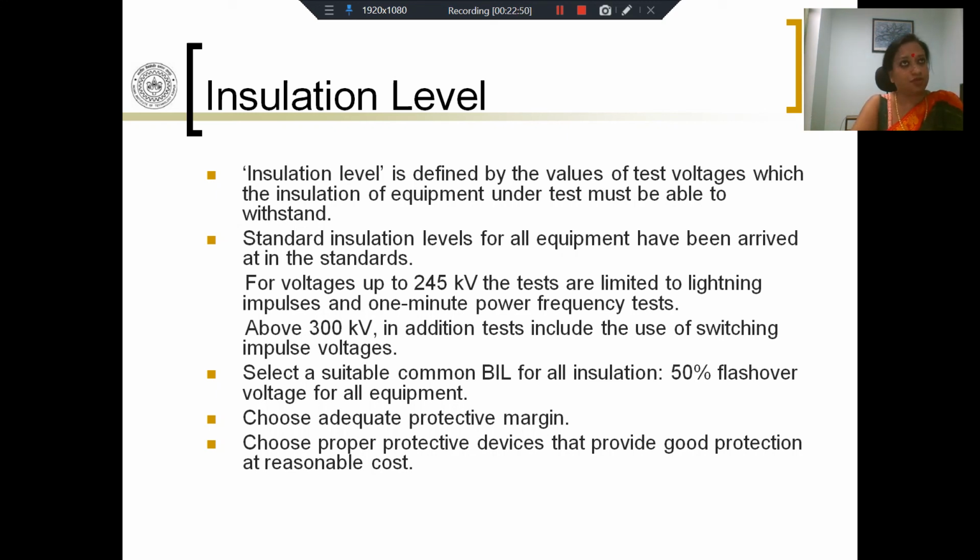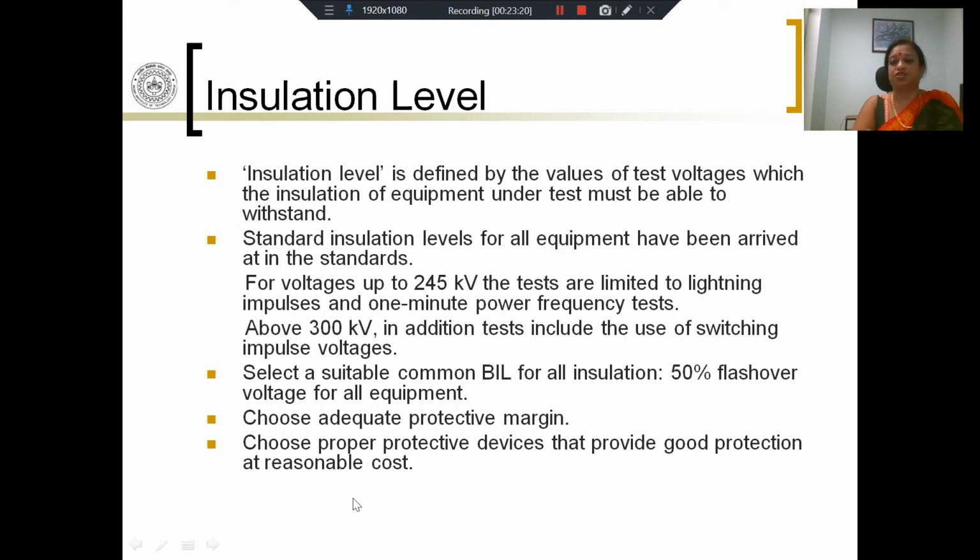After that, you have to choose an adequate protective margin, which means if the basic insulation level has come out to be, let's say, 300 kV, then you have to provide a protective margin and provide insulation for 450 kV. Your protective devices will be set accordingly, so you choose proper protective devices that provide good protection at reasonable cost.